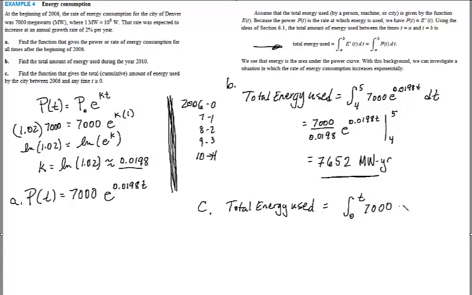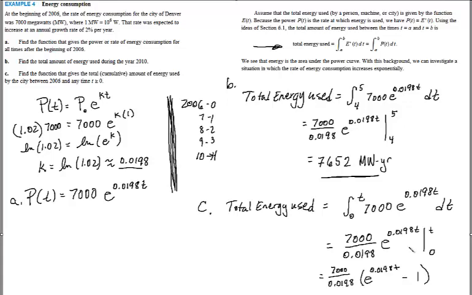Now we're going to say that the energy used when we first start up at 2006 is 0, so you might say that E of 0 is 0, and we'll just assume that to be true, and then I would just write down what I got last time. Oops, 0.0198. I'll fix that and write it all. Alright, just substituting in. This is just an algebraic equation. Then I could say this is the total amount of energy used at any time t after year 2006.